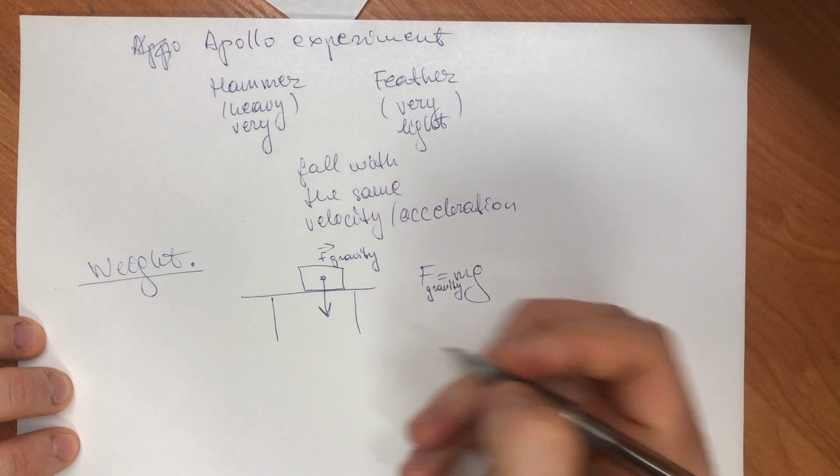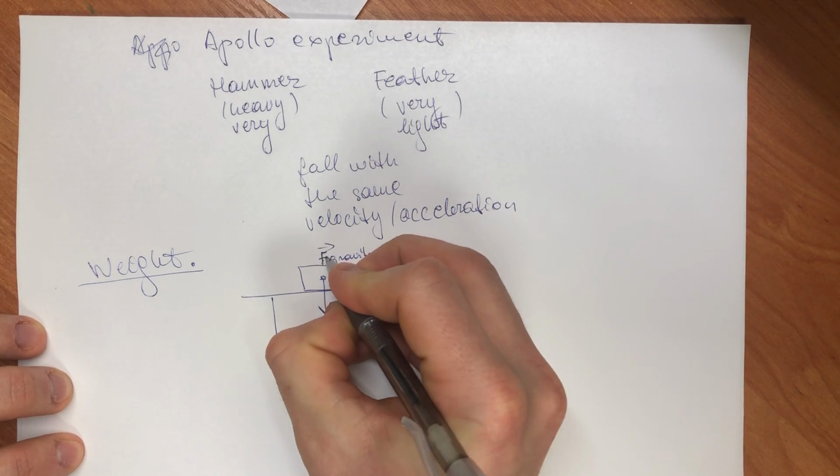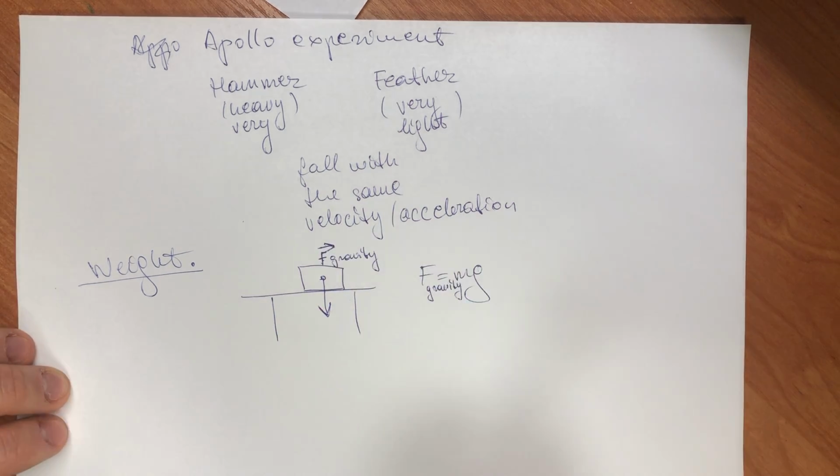It pulls down, so gravity acts on the box.